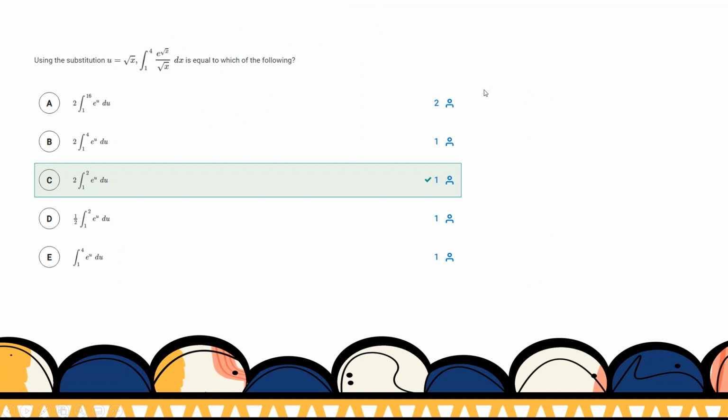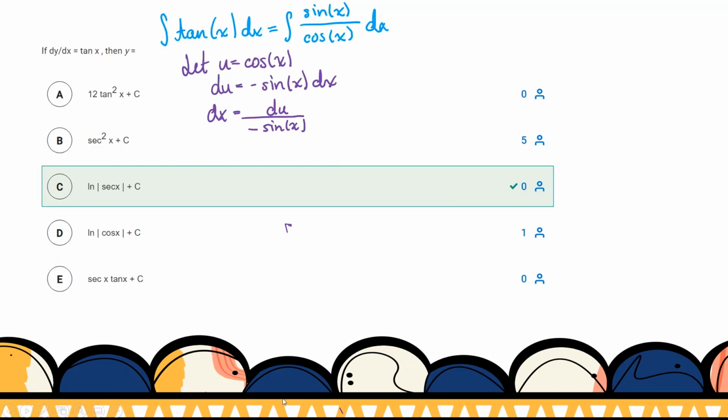So this turns into the integral of sine x over u, because u equals cosine x, times negative du over sine of x. So the sines of x cancel out and we're just left with u.